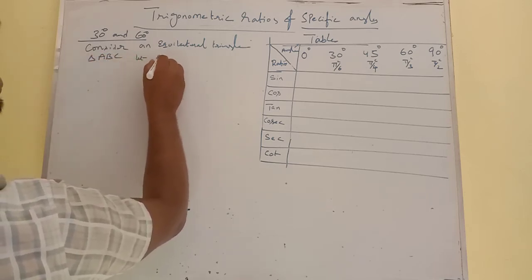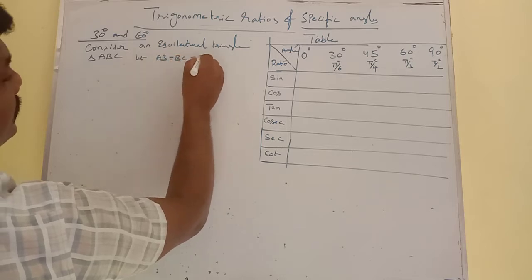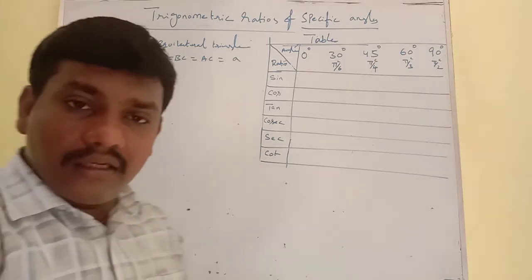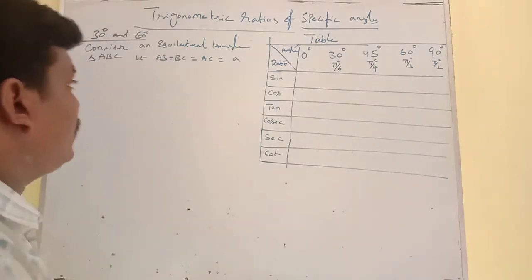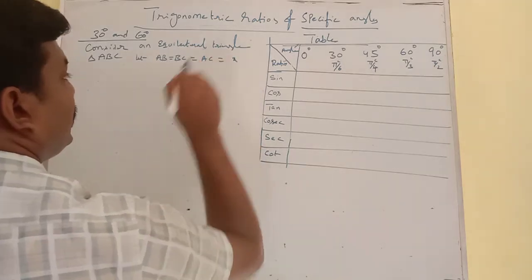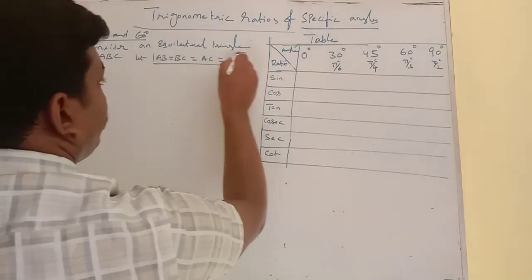Let AB equals BC equals AC, which equals small a units. I am going to consider small x units instead, so we can take it as small x, no problem.